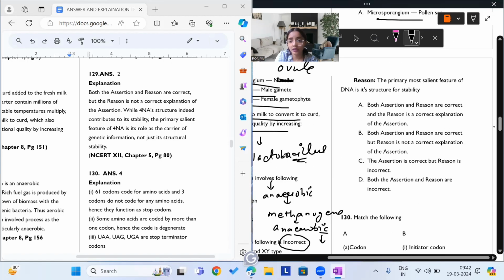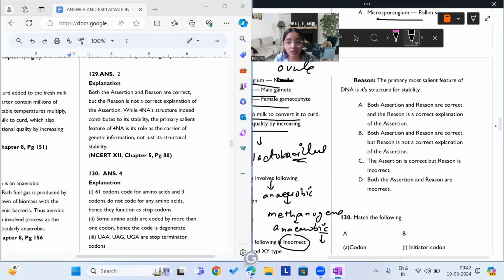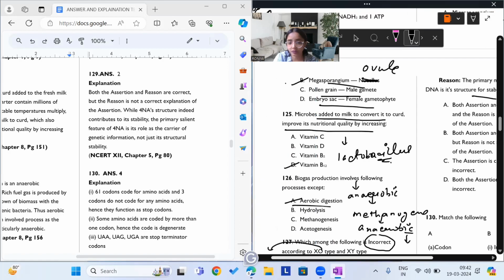What does the reason say? The primary most salient feature of DNA is its structural stability. This is also a correct statement. Both assertion and reason are correct. But is assertion explained by reason? No. Let us put a because and read.